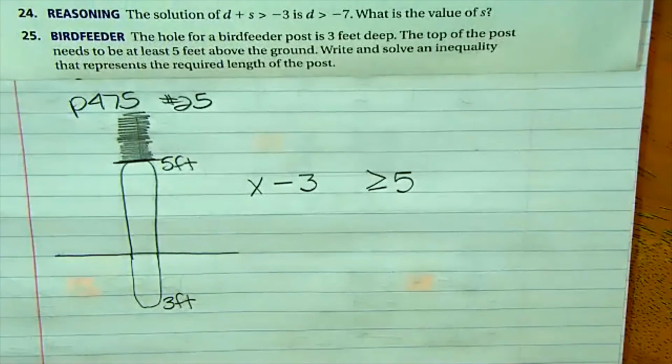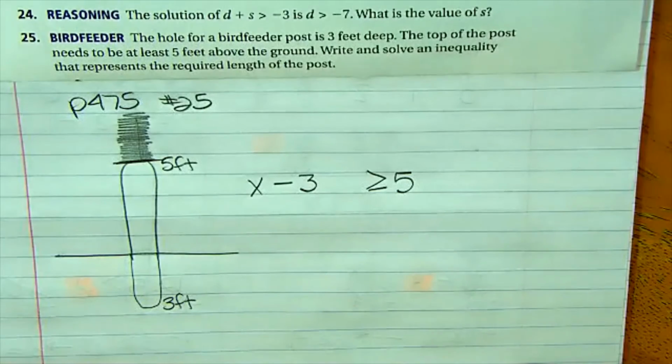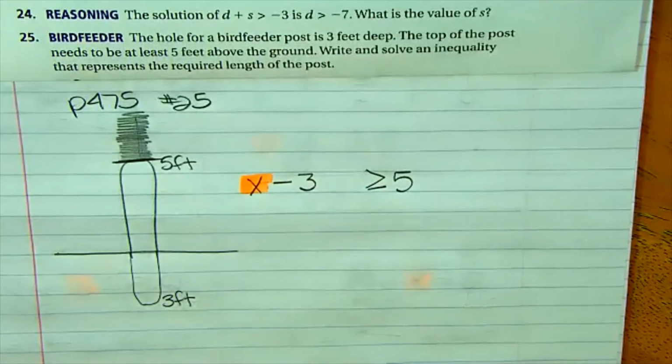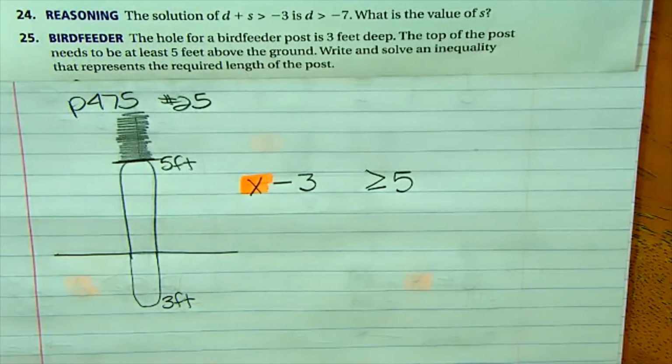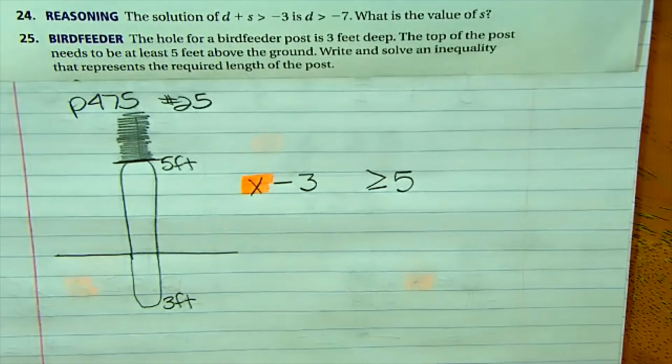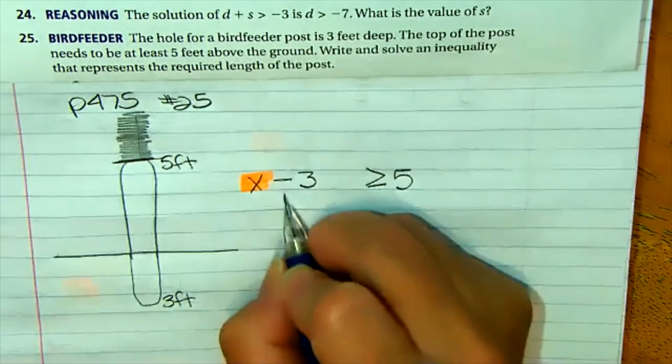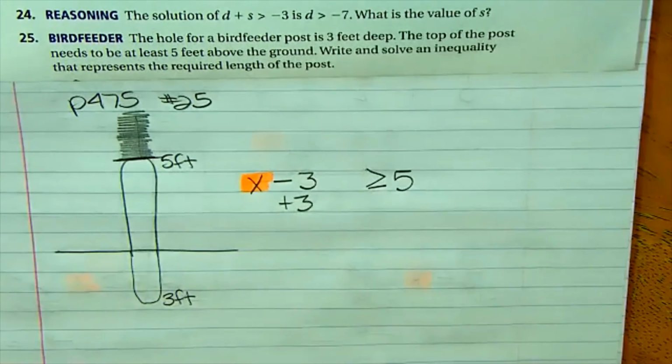Now, this is a problem you know how to do. We need to isolate the variable. So to do that, I need to get rid of this -3. To get rid of -3, I need to undo it. I need to use inverse operations, so I'm going to add 3.